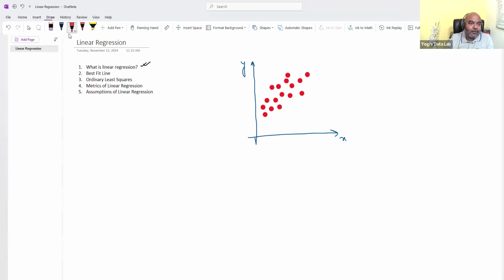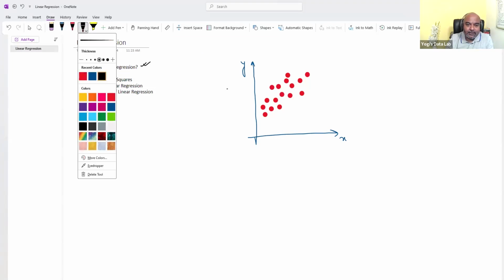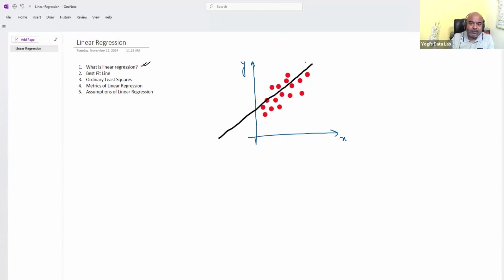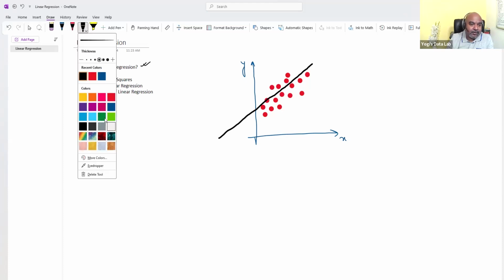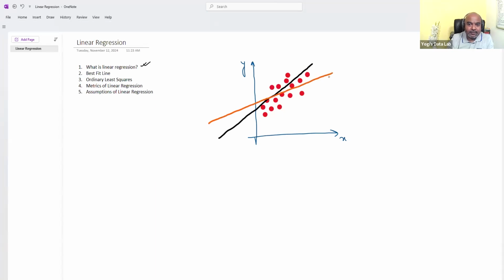Now, if I try to find a regression line, someone might draw a line like this, like the black line. Someone can go ahead and draw it like this, let's say the orange line.